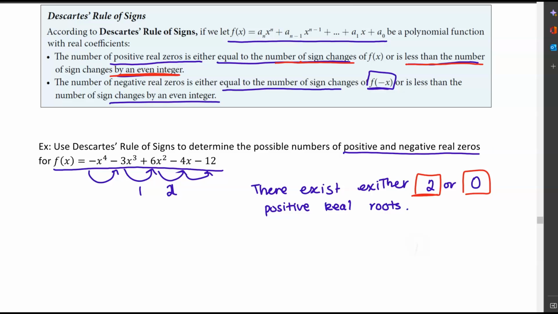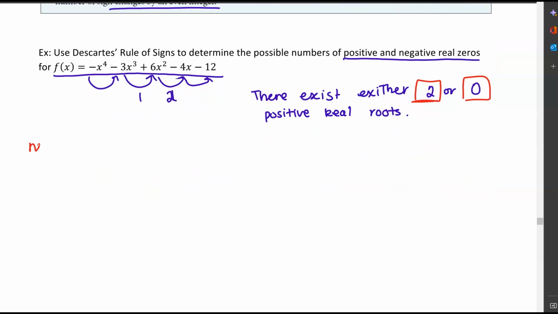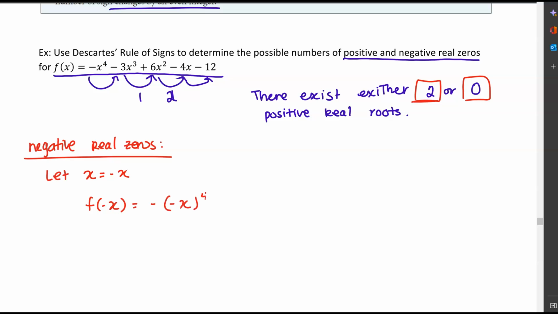So now let's take a look at the negative real zeros. We're going to let x equal negative x and plug it in. So we have f of negative x, and we're going to get negative x to the fourth minus 3 times negative x cubed plus 6 times negative x squared minus 4 times negative x minus 12.